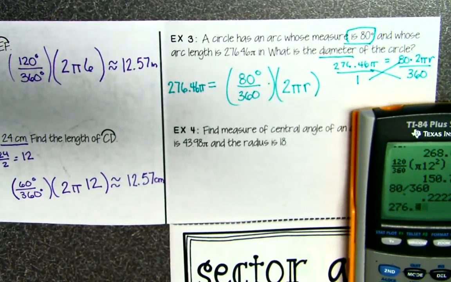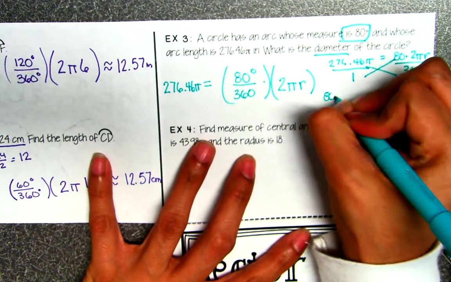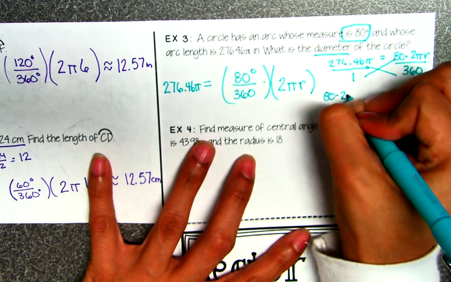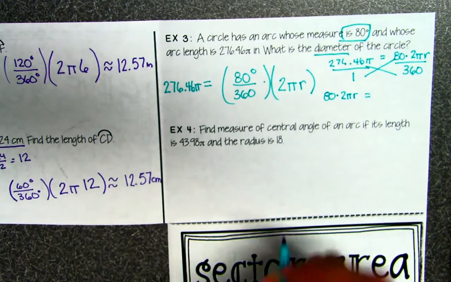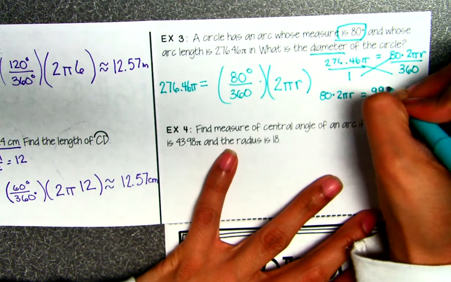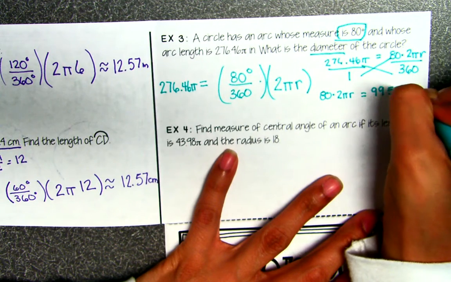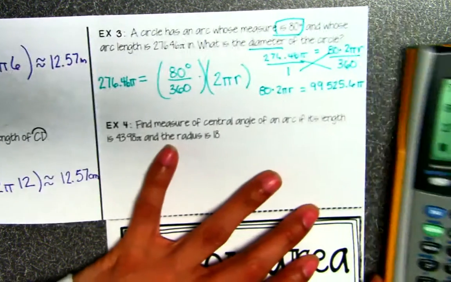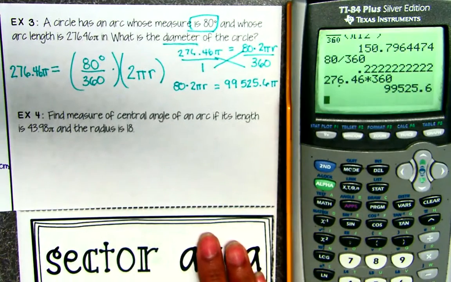I'm just going to put 276.46 times 360. So I have 80 times 2 pi r equals 99,525.6 pi.